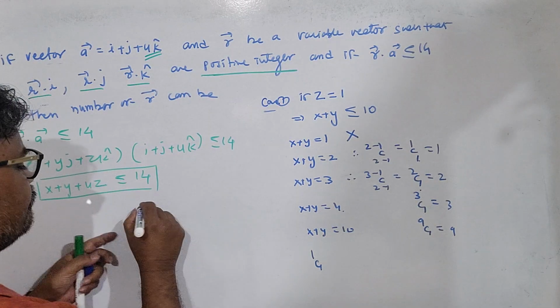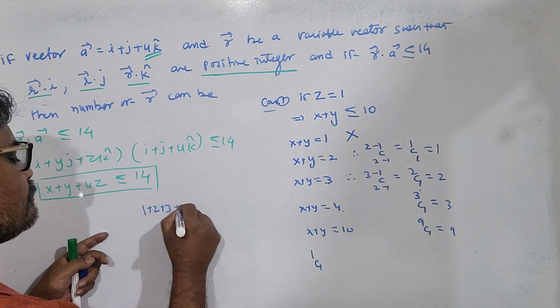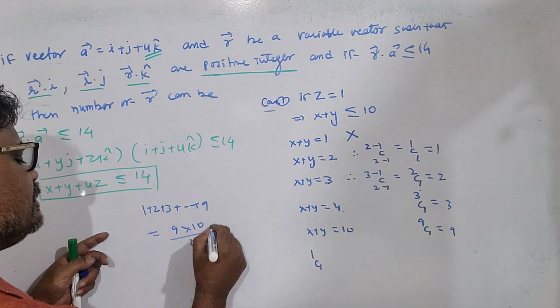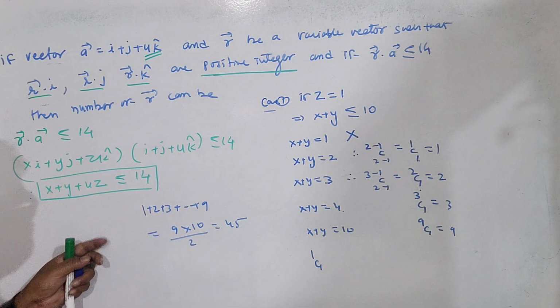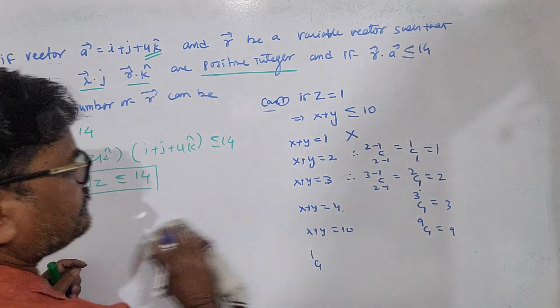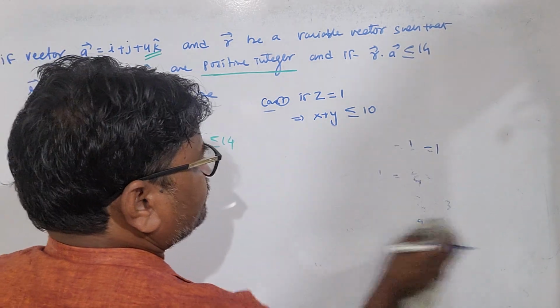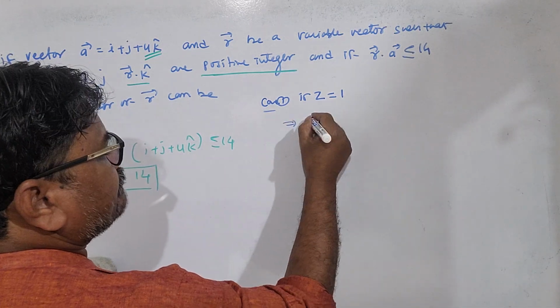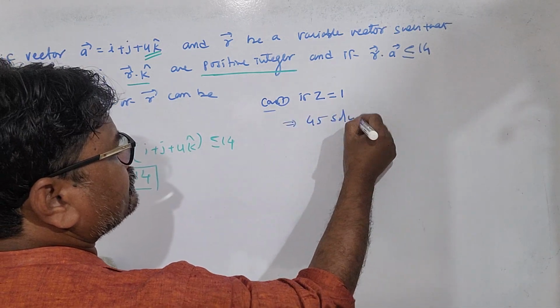Adding 1 plus 2 plus 3 up to 9 is very simple: 9 into 10 divided by 2, that is equal to 45. So case 1, when z equal to 1, gives 45 solutions.